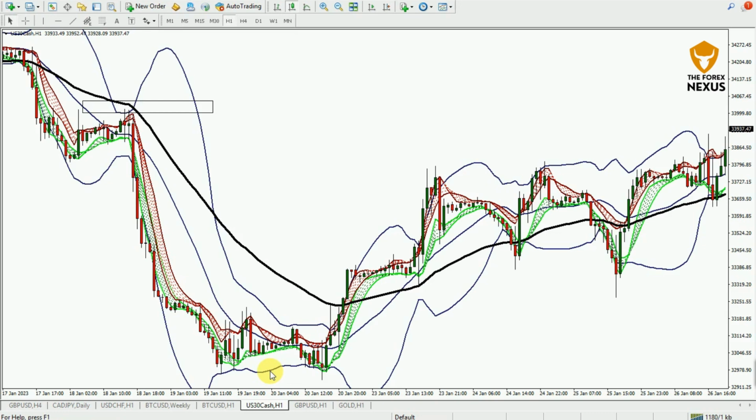But before going to the extreme MHV, you need to focus on the Bollinger Band. If the Bollinger Band is expanding, avoid that trade and wait for the curve shape. When it starts curving, then take the trade.